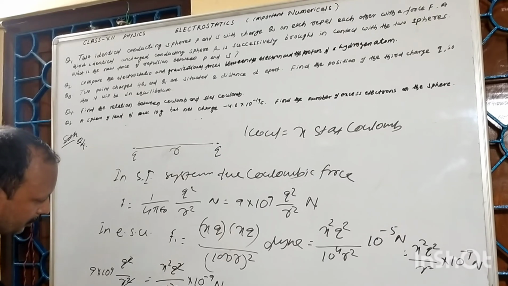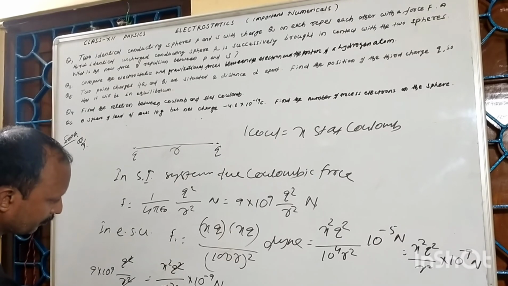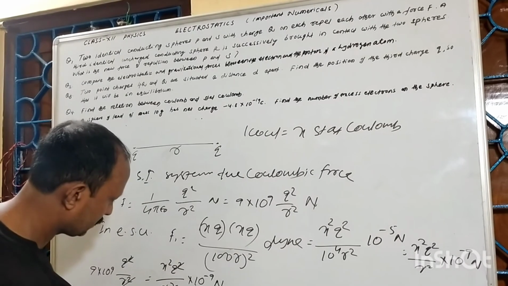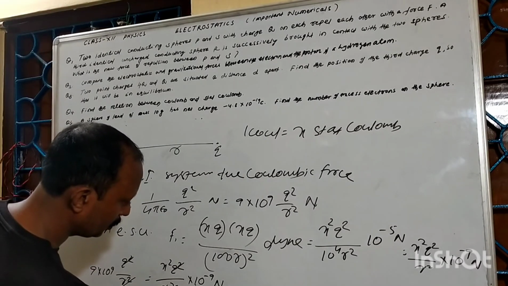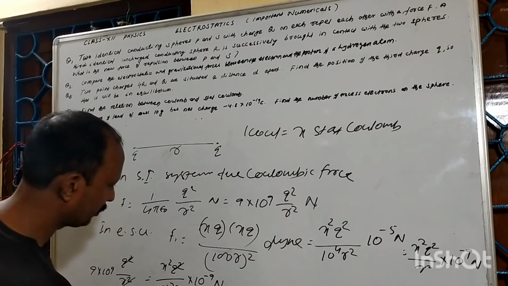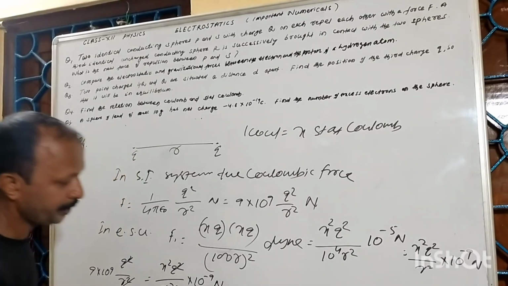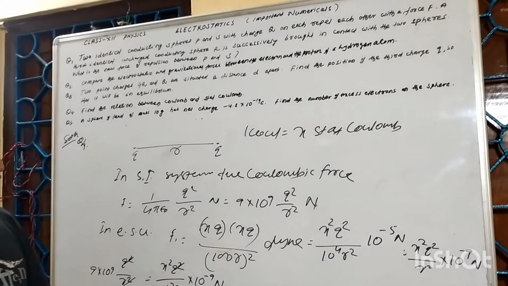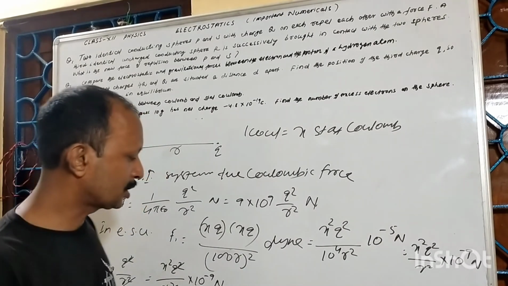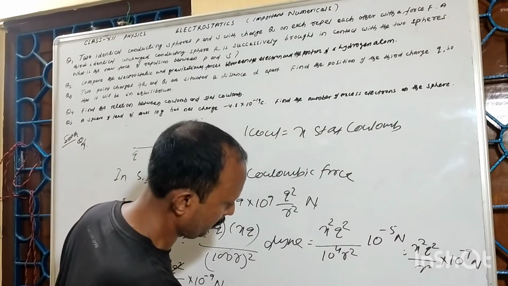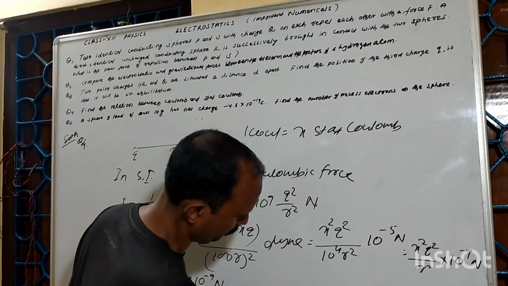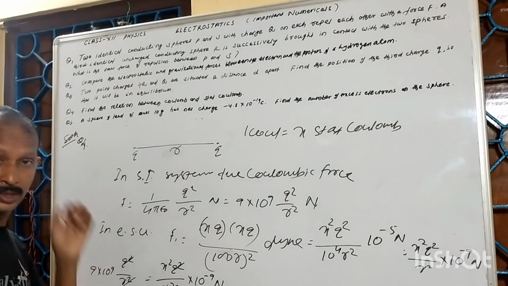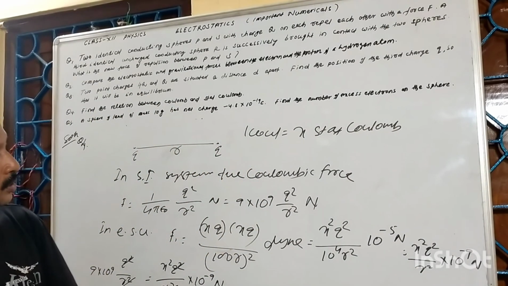It is 9 into 10 to the power 18, which implies that x is equal to 3 into 10 to the power 9. So this is the relationship between Coulomb and statcoulomb, the relation between the SI and CGS unit of charge.